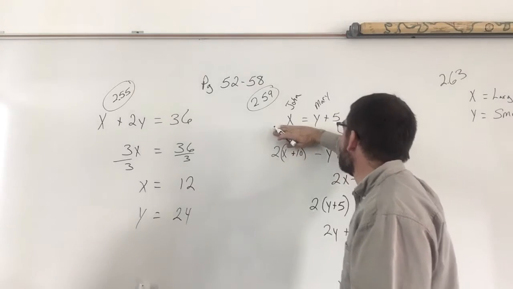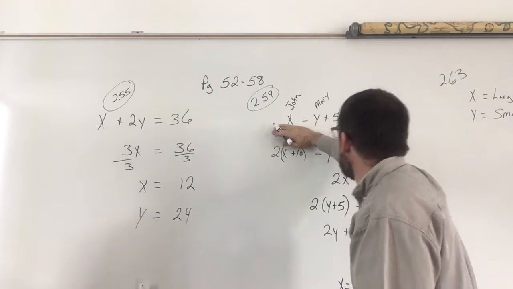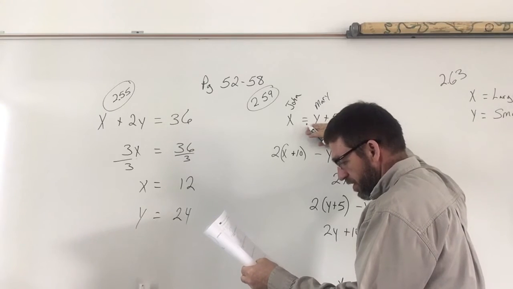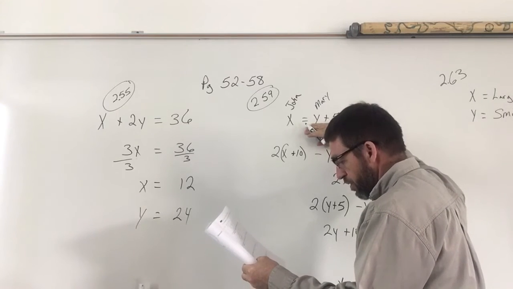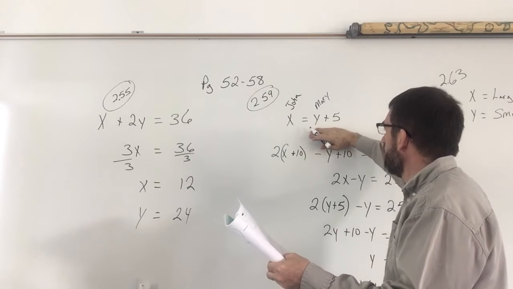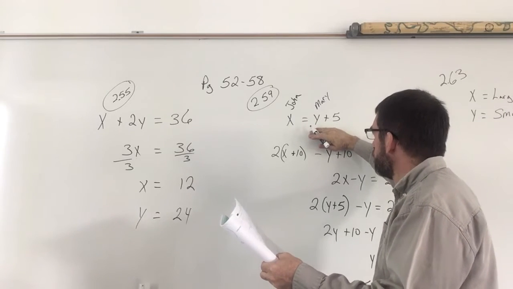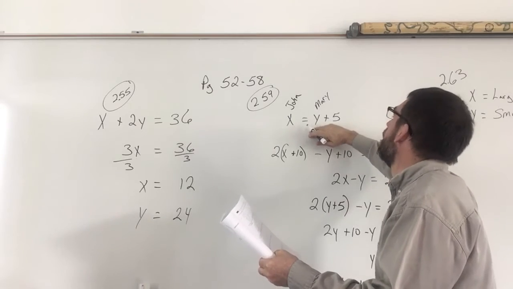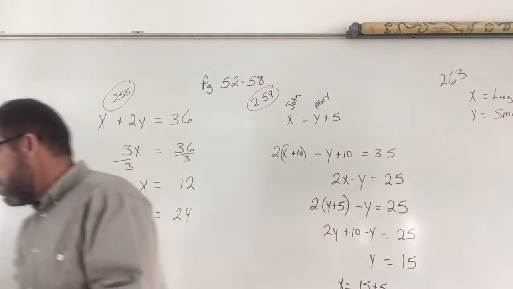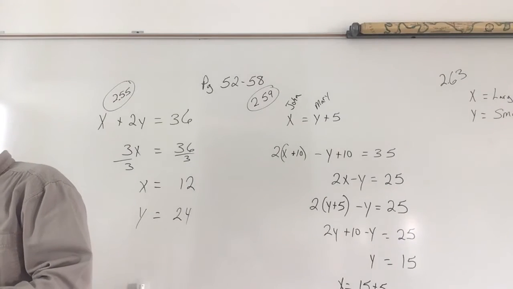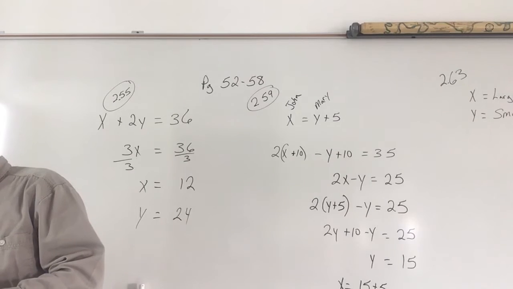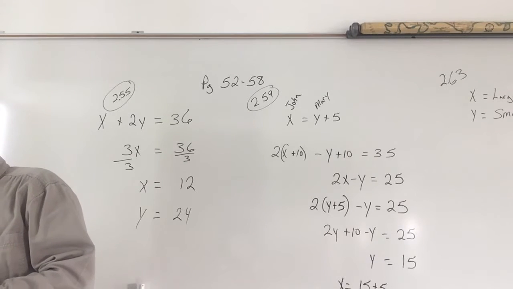So I put John's age as X, and Mary's age is Y plus 5. If I've got that, John is 5 years older than Mary. Oh, maybe I got that wrong. I think this should be turned around. Now that I come to think about it, let me take a look here. I put the wrong person with the wrong thing, I believe.